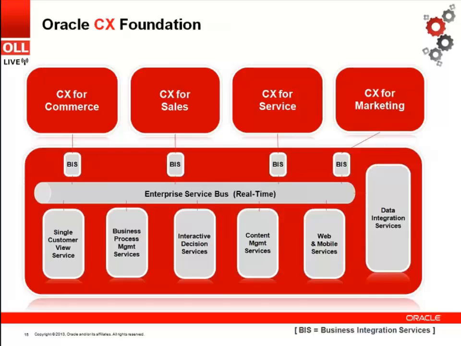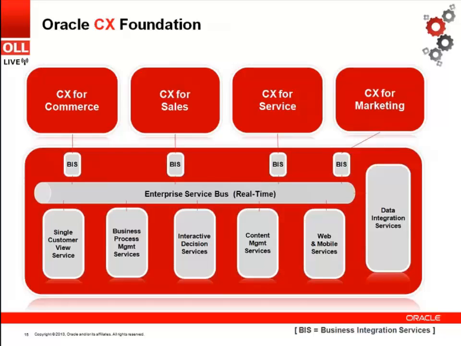And then underneath that, it's getting information from different parts of your enterprise in an organized way, using what we call the service-oriented architecture. So on the left, first we have the single customer view services.